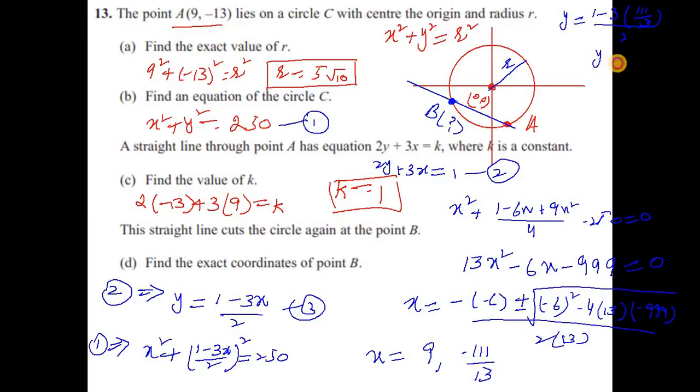So y is equal to 173 over 13. So the coordinates of B would be (minus 111 over 13, 173 over 13). So this point is in fact somewhere here. Okay, so these are the coordinates.